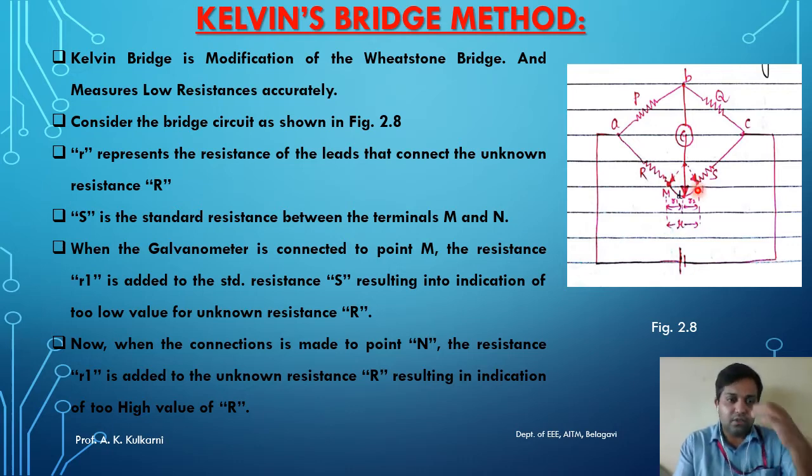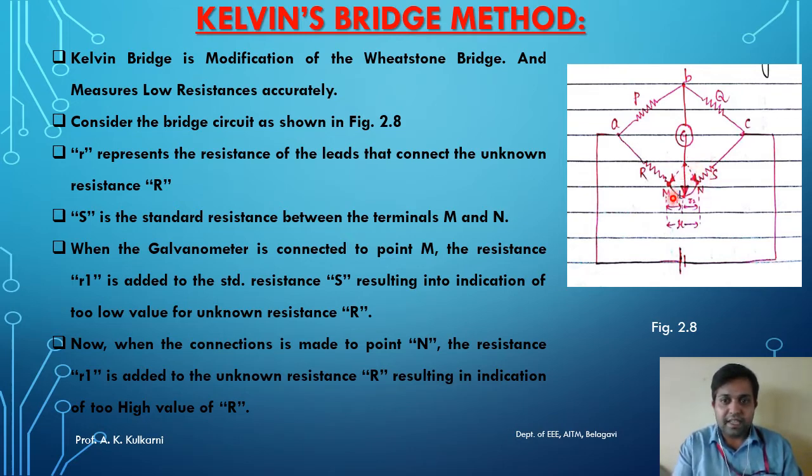Is it clear? Now let us consider that the galvanometer is connected to point M. What will happen? When the galvanometer is connected to point M, the resistance R1 is added to the standard resistance. So these points are not connected to any arms of the circuit.